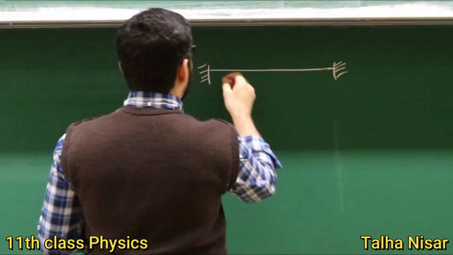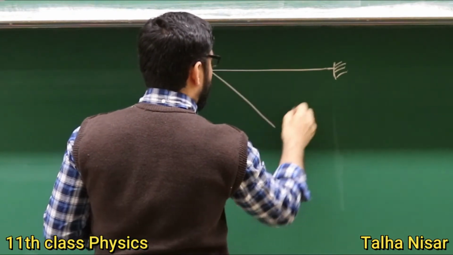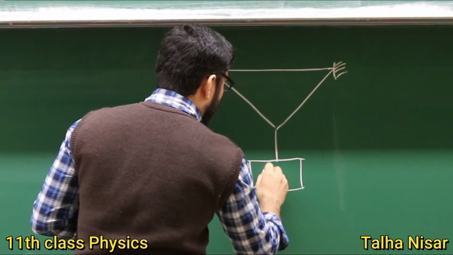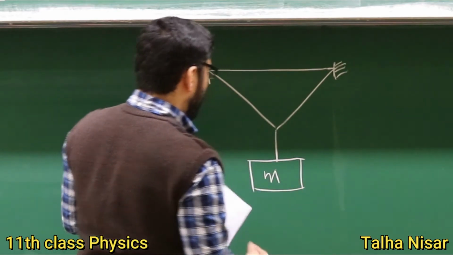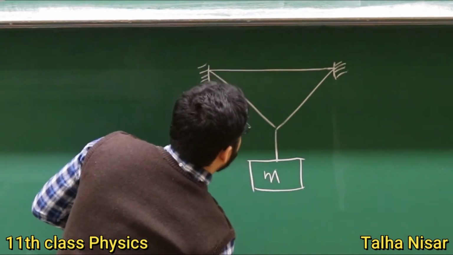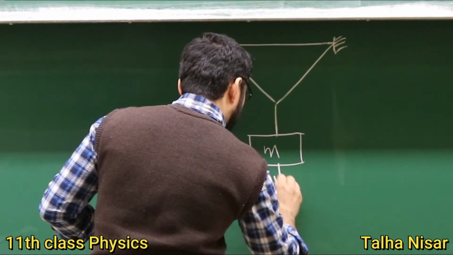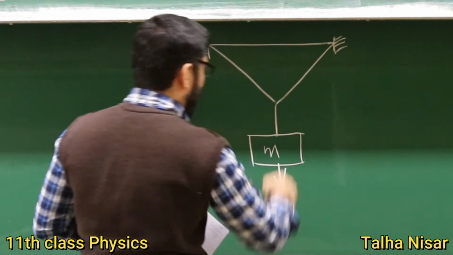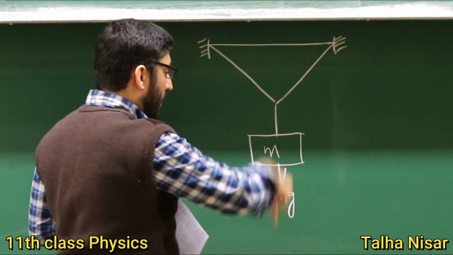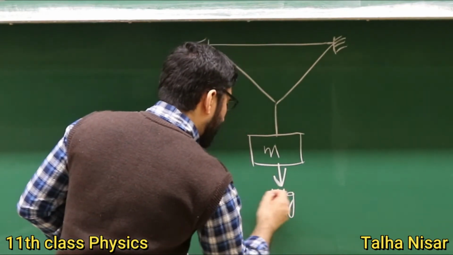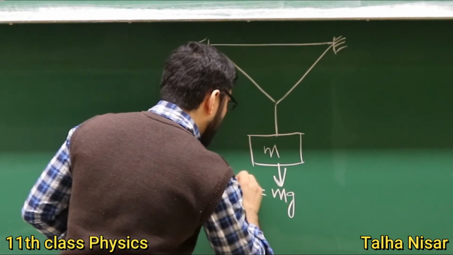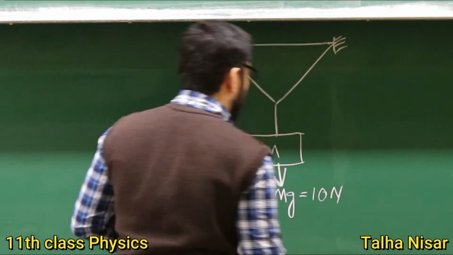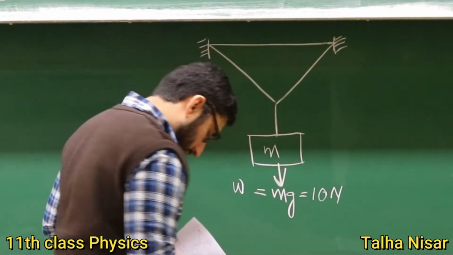We hang an object here, which has a mass m, and because of this mass, there will be a gravitational force in the negative y direction. This is the weight of the object, which is 10 newtons.